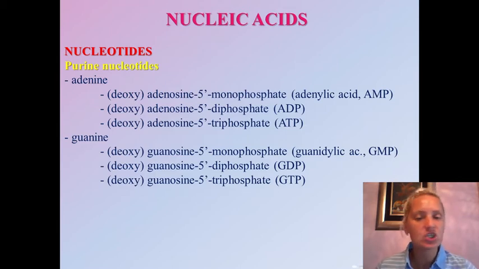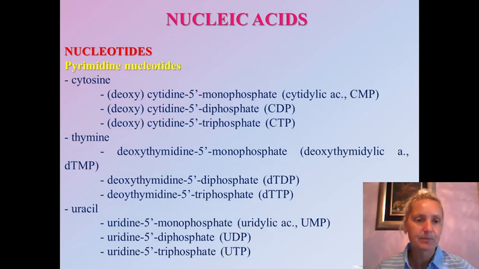For guanine, the situation is analogous, as you can see. Guanosine 5' mono-, di-, triphosphate: GMP, GDP, GTP, or guanylic acid or guanylate. Then pyrimidine nucleotides are formed by the attachment of 1 to 3 phosphate groups to the nucleosides.